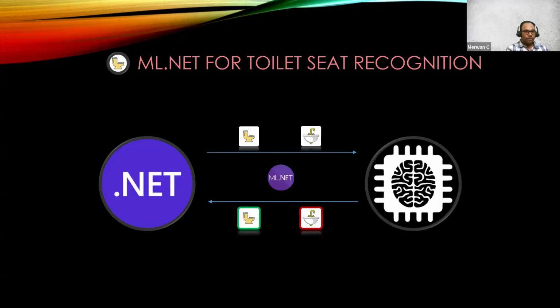Okay, now let's get started with the overall what is ML.NET. I mean, some of you might have already been aware of this, but I just want to give a brief for those who don't. It's a free, open source, cross-platform machine learning framework designed by Microsoft for .NET developers.